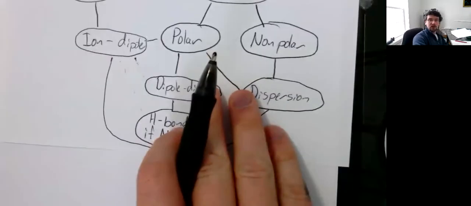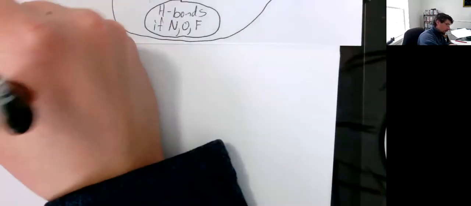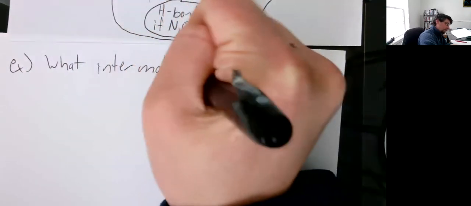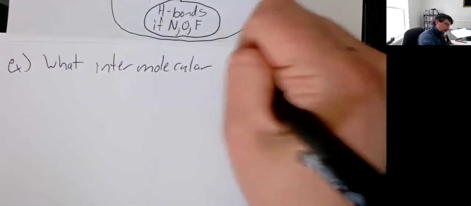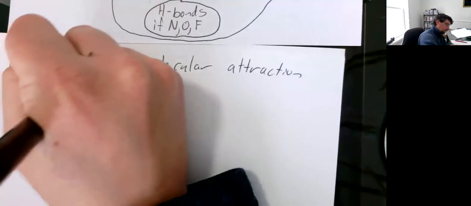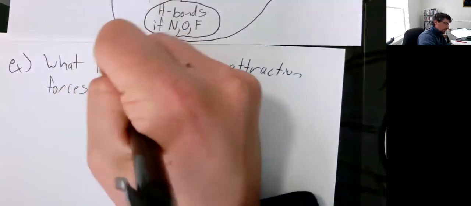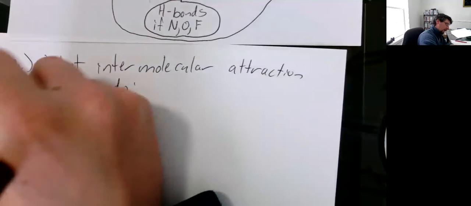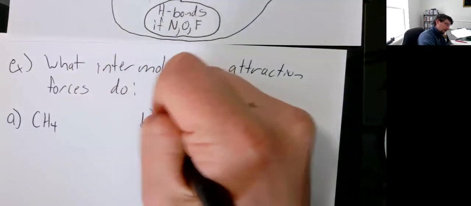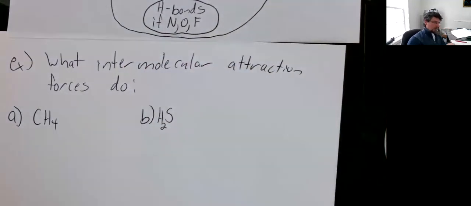Okay, so now let's use this thought map to determine, for example, what intermolecular attraction forces we have for A, methane, and B, hydrogen sulfide.